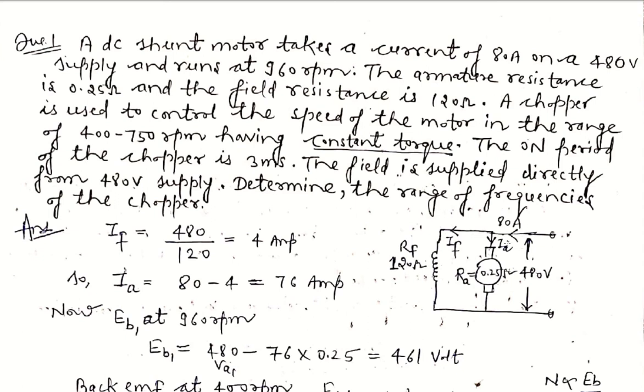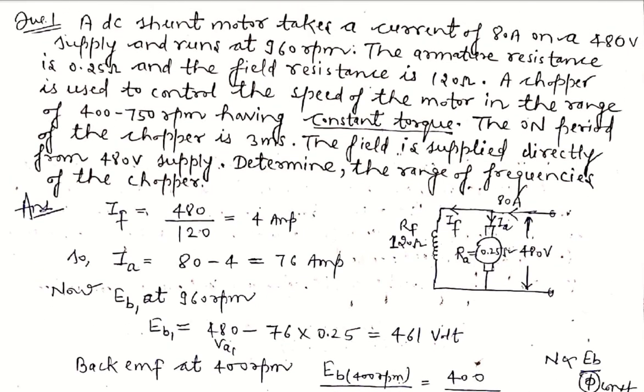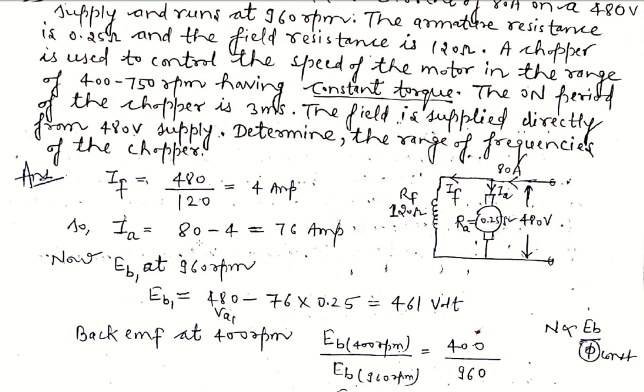If we subtract this 4 amperes from the 80 amperes, we obtain the armature current when our motor rotates at 960 rpm corresponding to the 480 volt input supply. So Ia will be 80 minus 4, 76 amperes. Now we calculate the back EMF generated by the motor initially at 960 rpm.